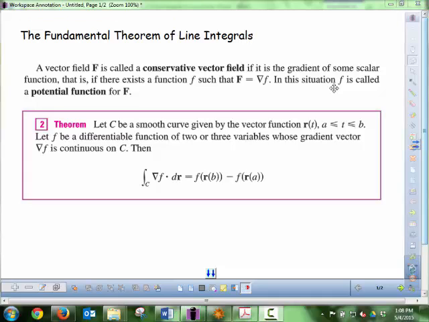That's a potential function. And so this is the statement of the theorem here that says the integral of a derivative of f is equal to the original function f evaluated at the boundary. So I think I said endpoints last time. So this time I'll say boundary.